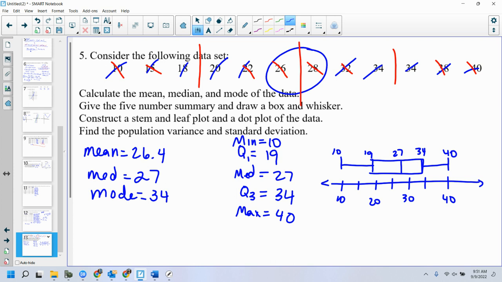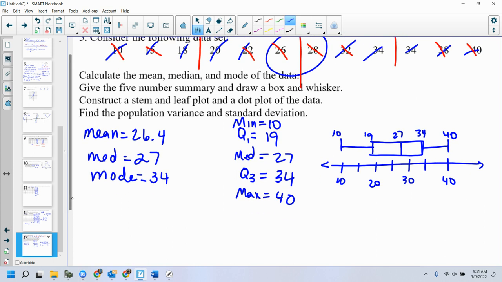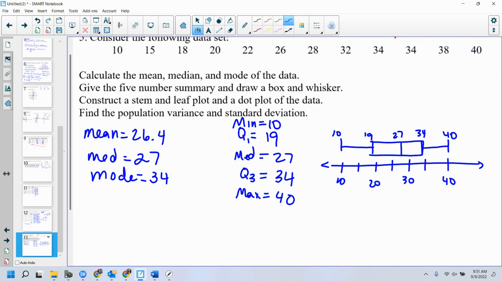Let's make the stem and leaf plot now. Remember to put a key for the stem and leaf plot. Looks like I've got the stems of 10, 20, 30, 40: 1, 2, 3, 4. And I've got a 0, a 5, and an 8 in my 10s.